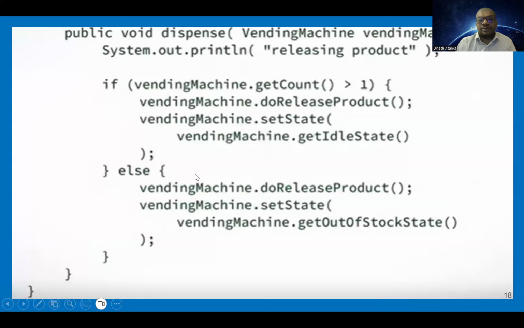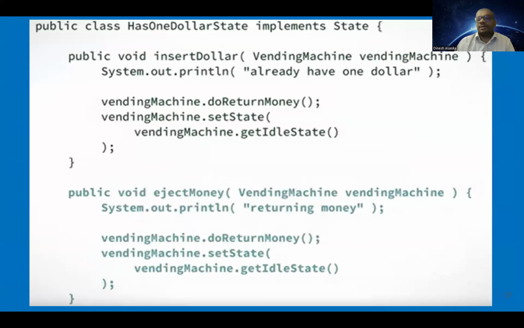But if the stock is not greater than 1, that is, it's 1, you have to release that item and set the state to out of stock state. So that's the implementation of the has $1 class.